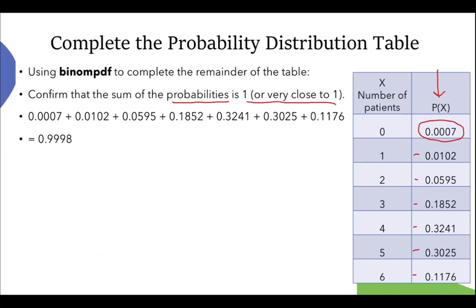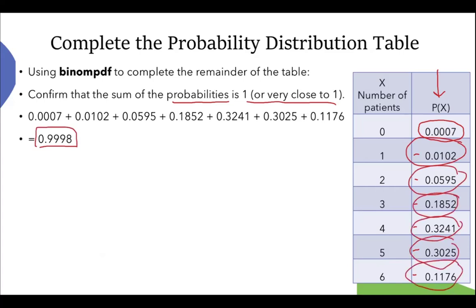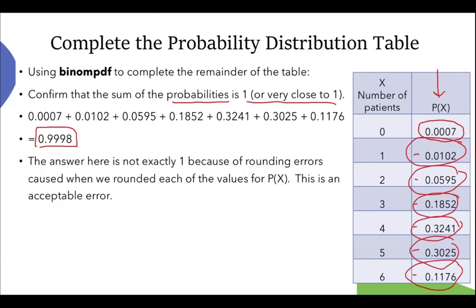So 0.9998, which is good enough, okay? If we were way off, then there would probably be an error there. But the only reason why this is not exactly 1 is because each of these probabilities is an approximation because we rounded each of them. And so in the end, when we sum them all up, we're not going to have exactly 1. Okay, it's an acceptable error.